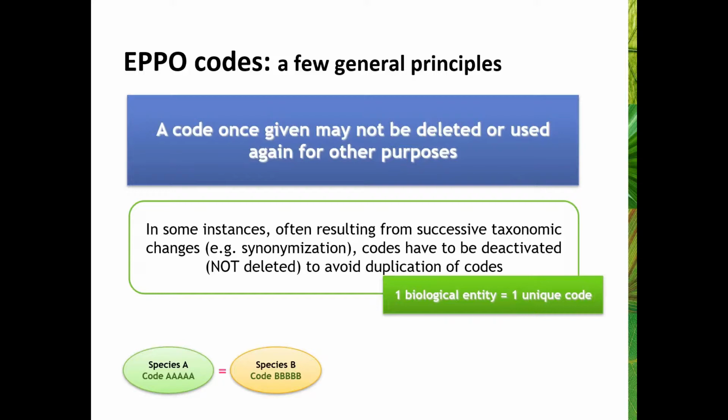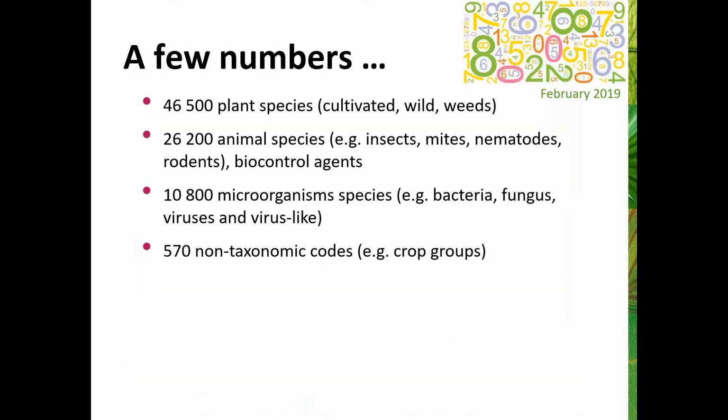So here, just to show you very briefly, if through history we discover that species A, which was coded AAA, is the same as species B, coded BBB, and at some point the taxonomists decide that those two names are synonyms, then we have to keep one of the codes and deactivate the other, just to follow our general principle, which is one biological entity has only one code.